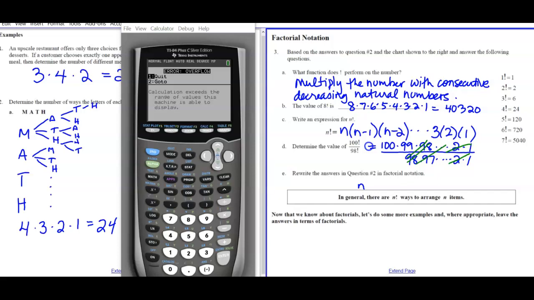What you're left with is 9,900. Okay? You use your head, not your calculator. So really, you could also show that as 100 times 99 times 98 factorial over 98 factorial. Those divide out. Okay. So factorial means every number down to 1 multiplied together.